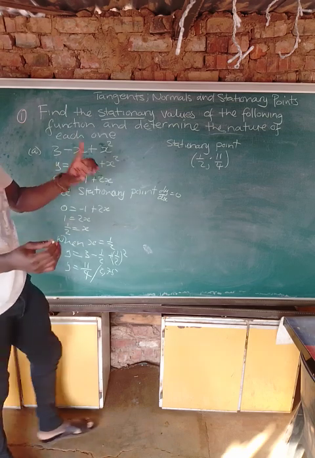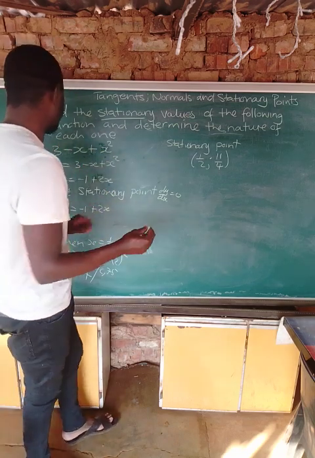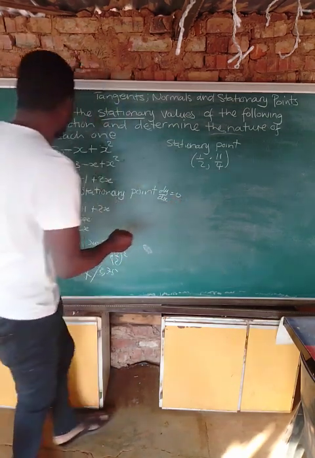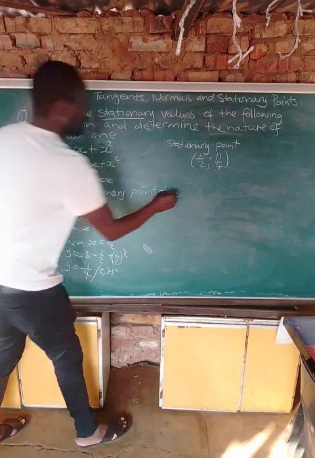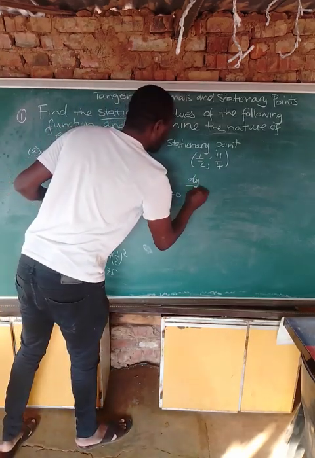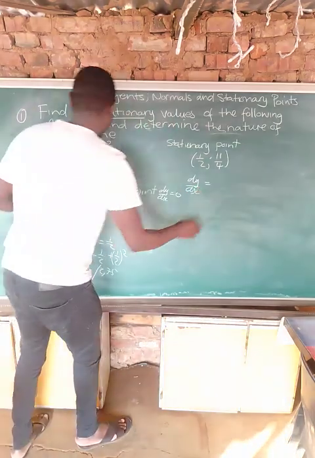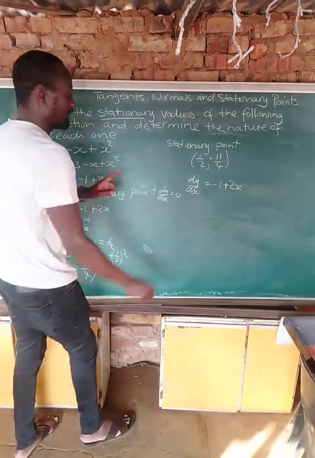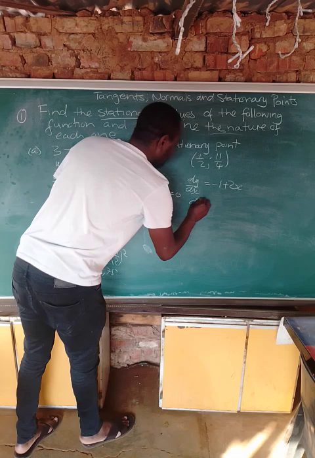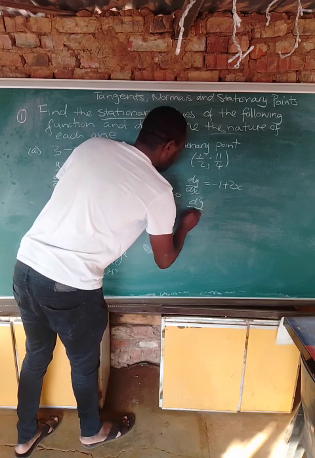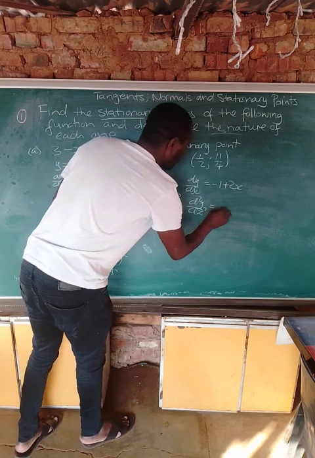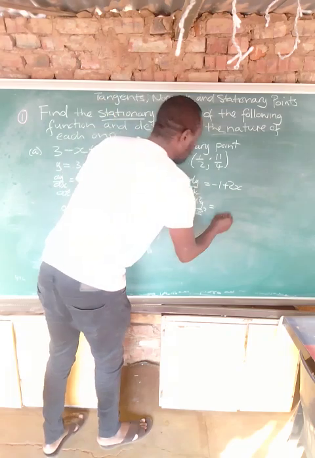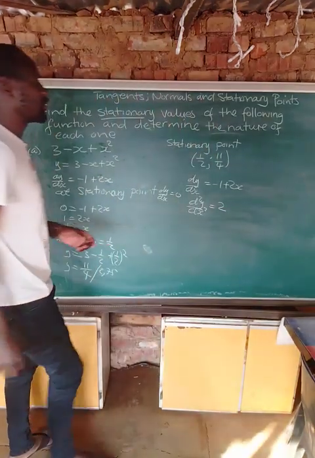What do we do? We find the second derivative. We have dy/dx equal to minus 1 plus 2x. So the second derivative here, what do we get? We get 2.